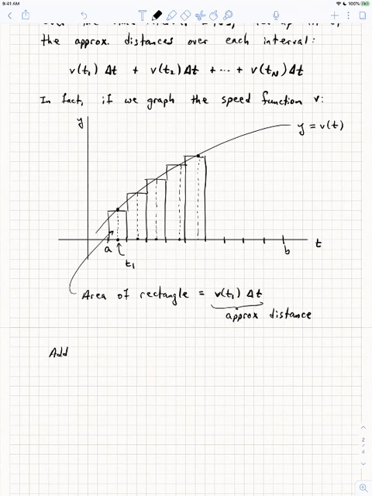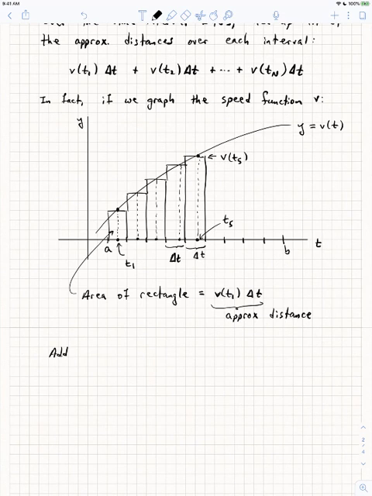So each one of these has duration delta t. And this is 1, 2, 3, 4. This is our fifth interval. So this spot right here, that time is t5. So this height is v at t5, which is our approximate speed over the fifth interval.